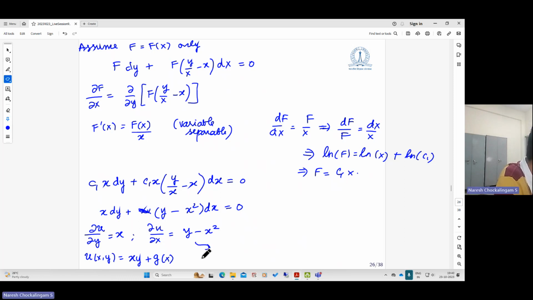And in this case, you get u as a function of x and y is xy minus x cubed by 3 plus some function of y only. Equate these two. xy is the same.